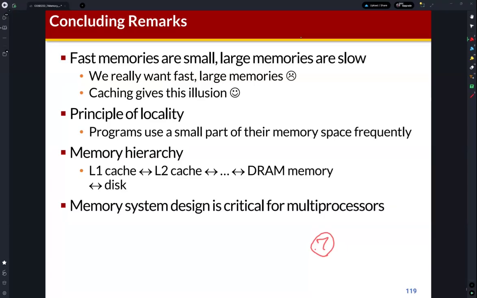Okay, I completed the virtual memory topics in today's lecture. Virtual memory is also a very important topic, right? So I hope the students can understand this concept of virtual memory.